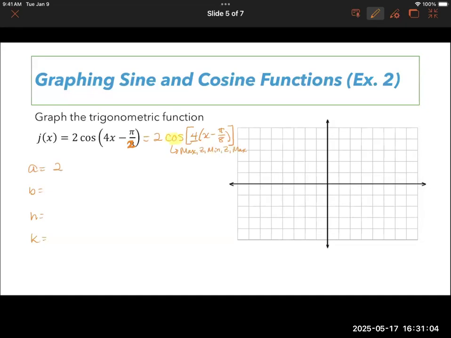Our B now is this 4 that's out in front of the parentheses. And our H now is the pi over 8. It is not pi over 2. And our K is just a 0 because there's nothing being added or subtracted outside of the cosine function. So this means our sinusoidal axis is going to stay as the x-axis.